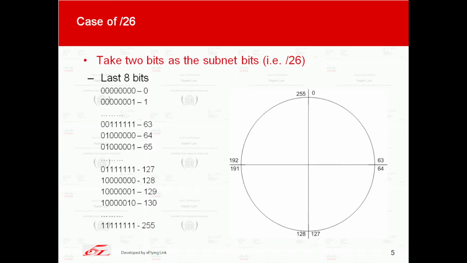Each portion will have 64 addresses. The first portion begins with 0, the second portion begins with 64, the third portion begins with 128, and so on. If you have a more mathematical mind, then you will notice that each portion begins with a number that is a multiple of 64.